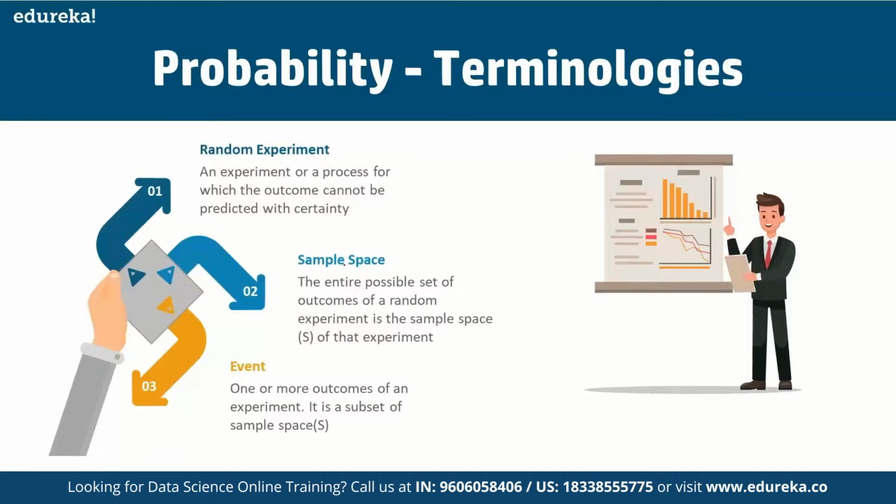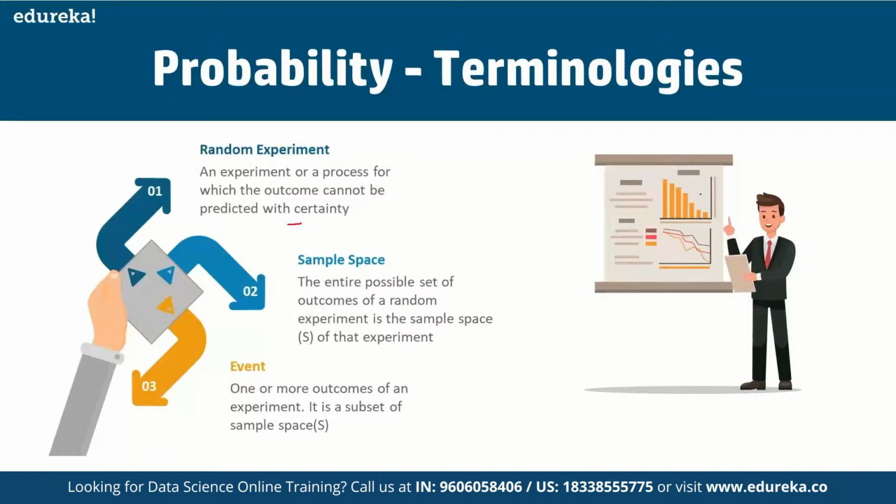What is a random experiment? An experiment or a process for which the outcome cannot be predicted with clarity. So you cannot tell what is going to happen or what would be the number when you toss a coin or roll a dice, right? So that is called a random experiment. An event is nothing but one or more outcomes of the experiment.